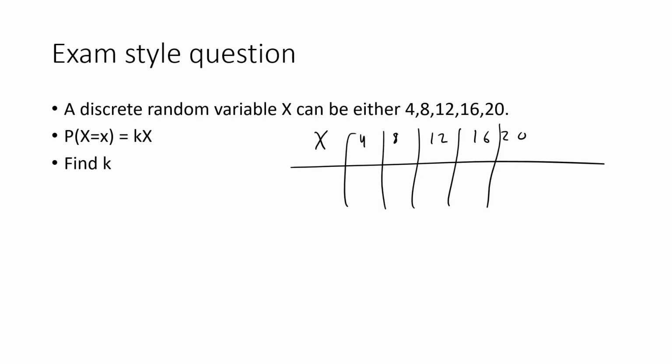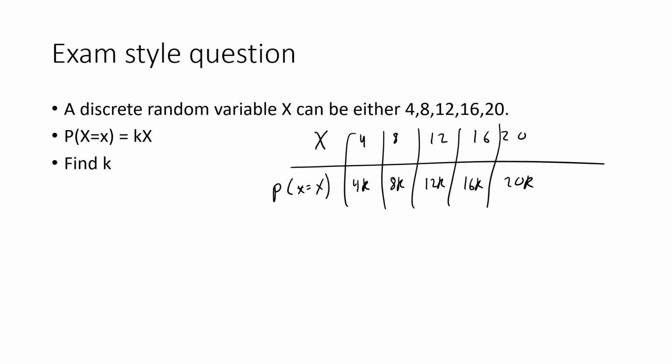And the probability of x, of that outcome happening, is kx. So right now, x is 4, so that means it is 4k, then 8k, 12k, 16k, and 20k.